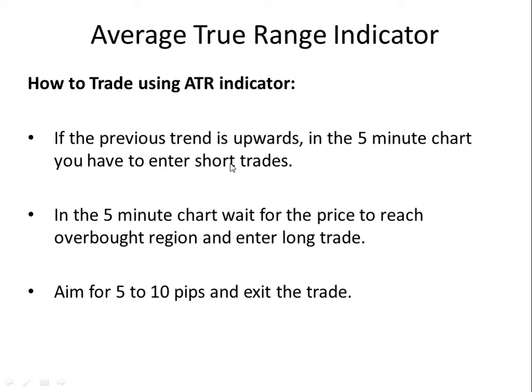That means when the ATR indicator is rising and the trend is upwards, whenever the ATR indicator is falling, switch to the 5 minutes chart and observe the stochastic oscillator. When the price reaches the overbought region, that means the fast moving and slow moving lines are above 70, and whenever they cross each other, enter a short trade. It's not a long trade here. Enter a short trade, aim for 5 to 10 pips and exit the trade.